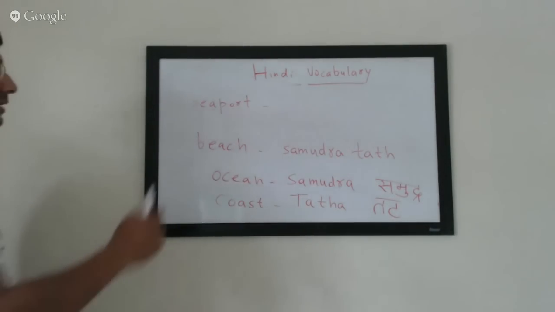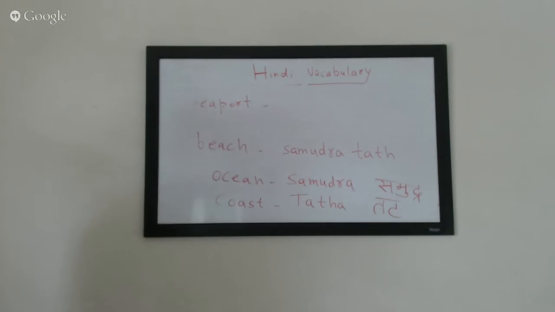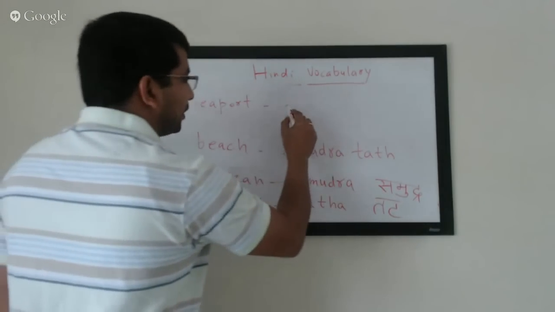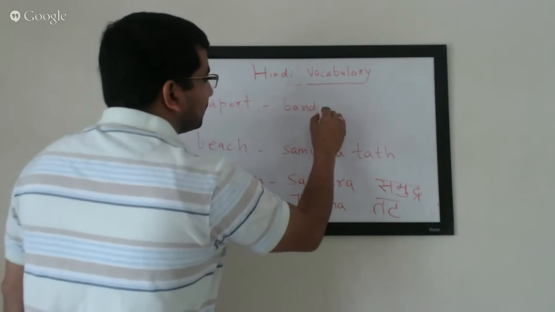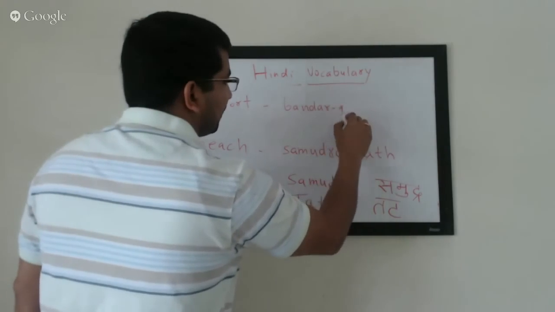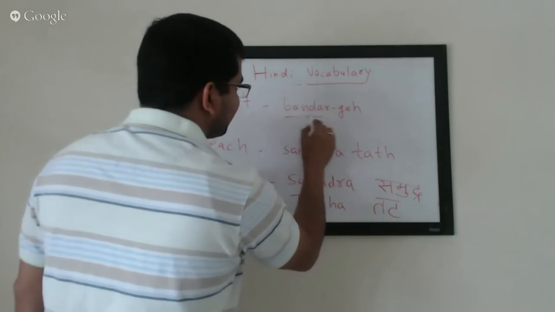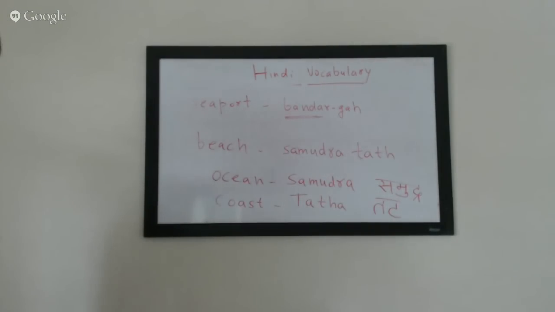And this one, seaport. It's basically very difficult, but I hope you'll be able to remember it. It's basically बंदरगाह, bandar gah. This is a little different. It has nothing to do with monkey, because monkeys are known as bandar in Hindi.